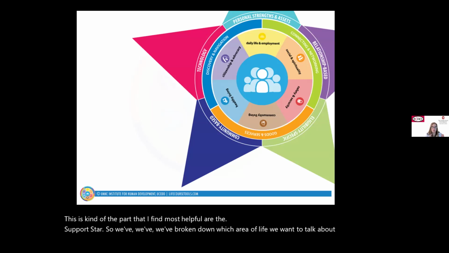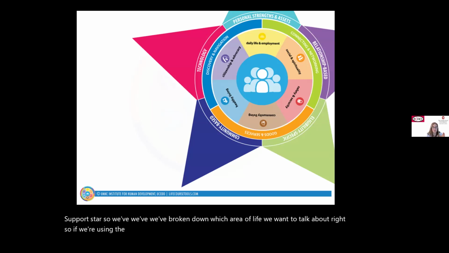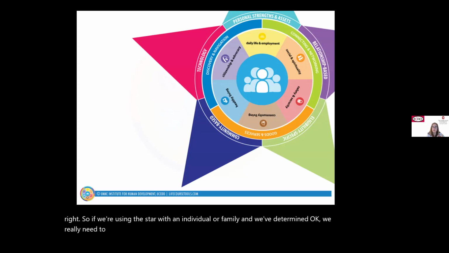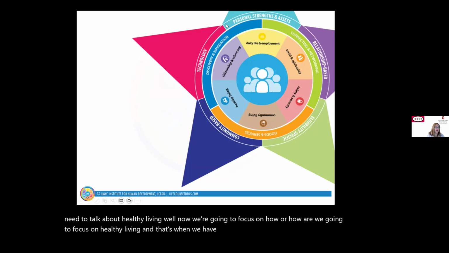If we're using the star with an individual or a family, and we've determined that we really need to talk about healthy living, now we're going to focus on how we are going to approach healthy living. And that's when we have the support star. So we're going to look at all these different areas of our supports.